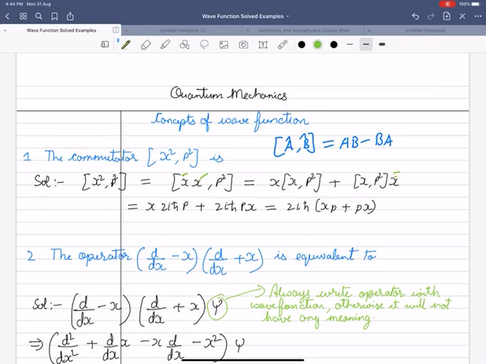Now I have got the value of x comma p square. I can write that x comma p to the power n is equal to n i h cut p to the power n minus 1. This is the general formula.